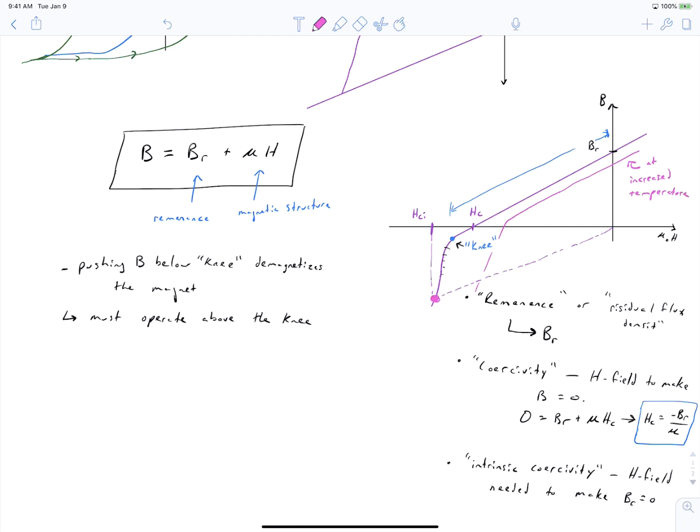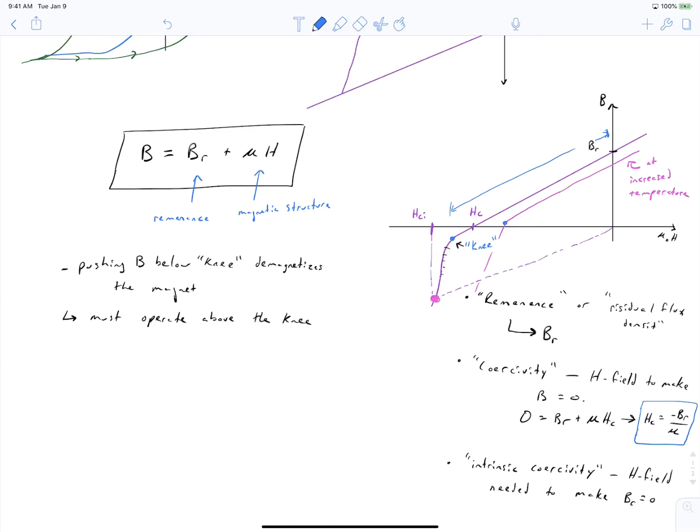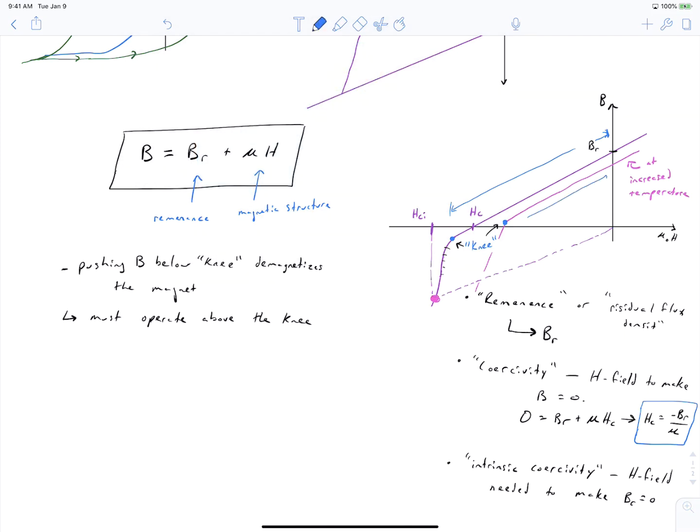As we increase our magnet temperature, you see that the whole curve pulls in, so we effectively have a lower remanence. But more concerning, our knee now is occurring in the second quadrant. And so if we design our machine so that we always stay above the knee, we always stay in this region up here, even at elevated temperatures, we're always above the knee, then when our magnet cools back down, we will go back to the original BH curve.